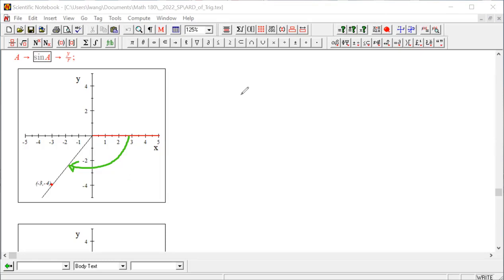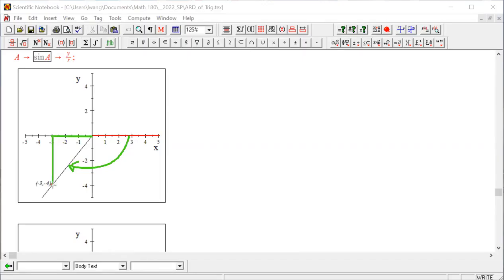But first, we need to understand what is -3, what is -4, right? So -3 is going to be that much. That's a -3. And what's -4? This is a -4.